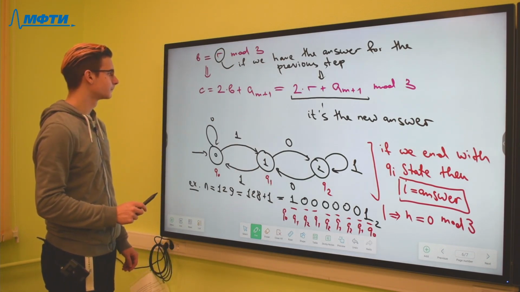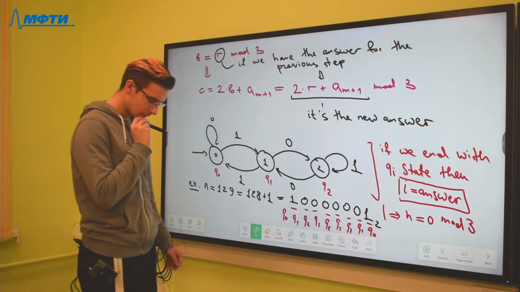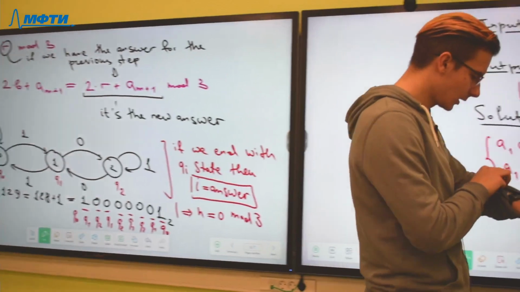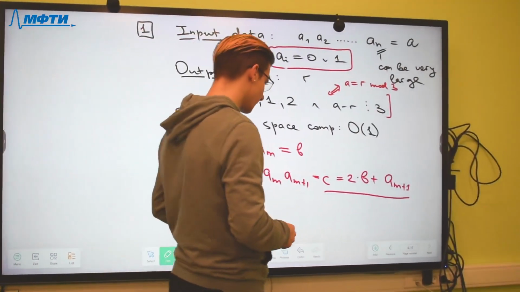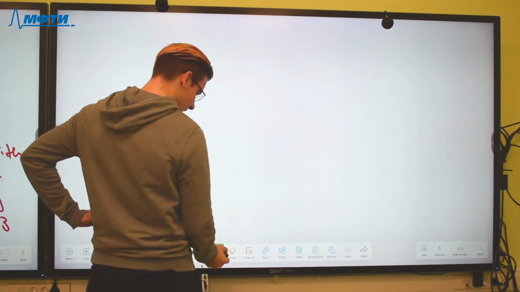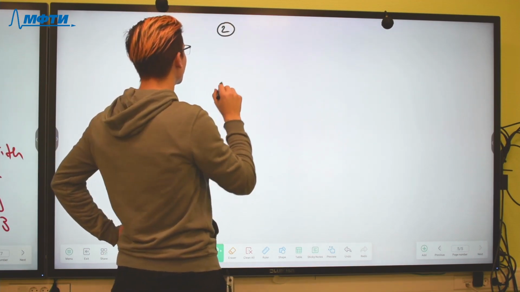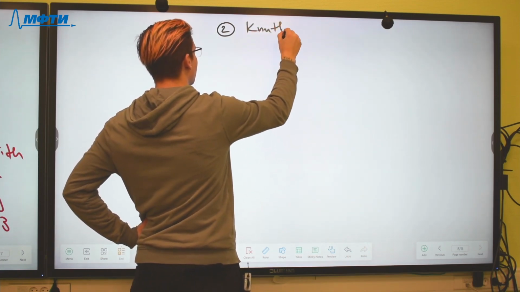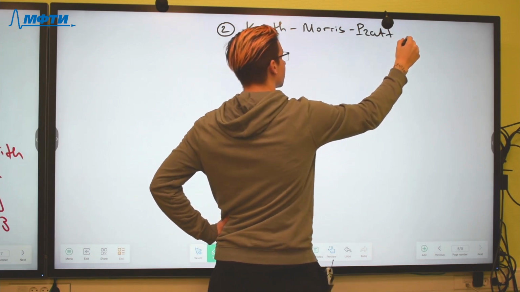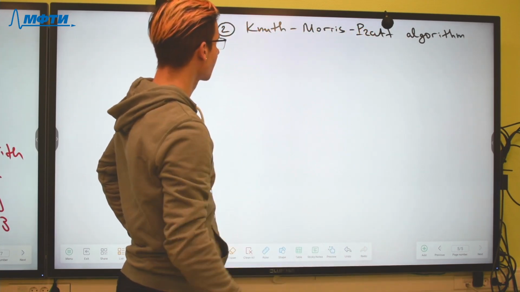So it is the first application of the DFA, and the second that we talk about after break time will be the Knuth-Morris-Pratt algorithm.